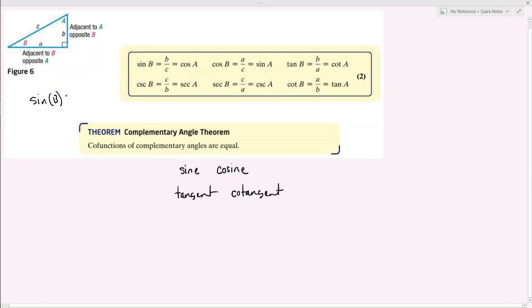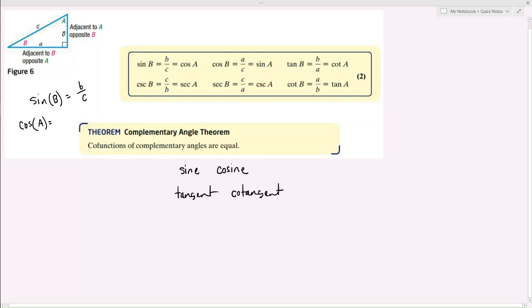So let's say that I wanted the sine of angle B here. The sine would be the opposite, which is B, over the hypotenuse, which is C. Now let's look at its co-function as it relates to the angle over here, A. The co-function is the cosine, and if I look at the cosine of not B, but A, the opposite of angle A is now A, and the cosine is the adjacent over the hypotenuse.